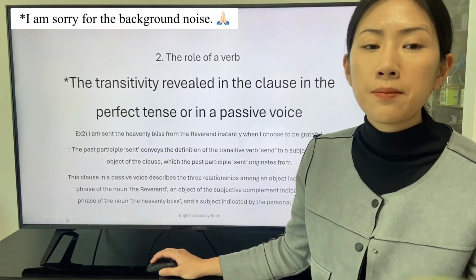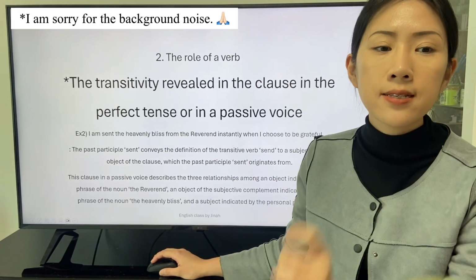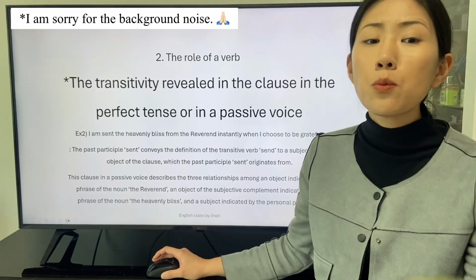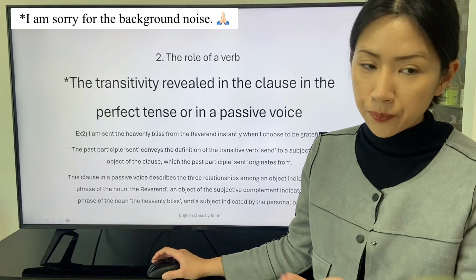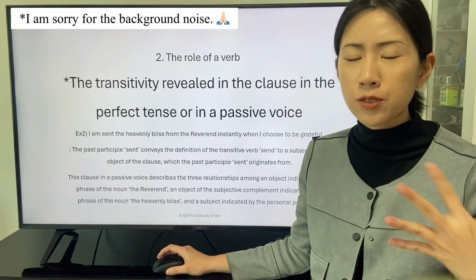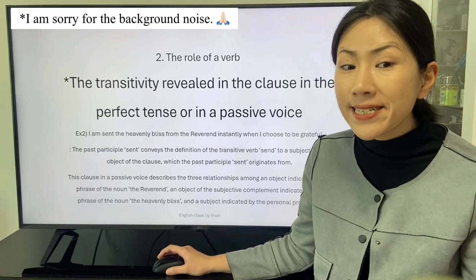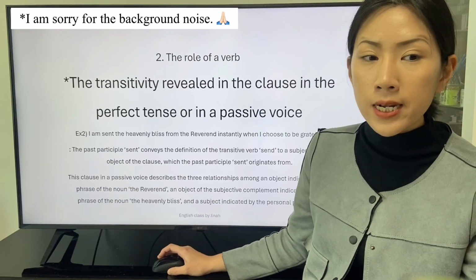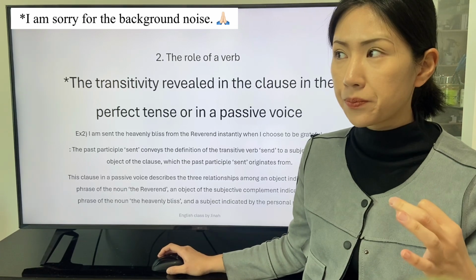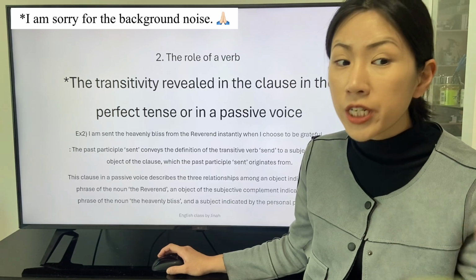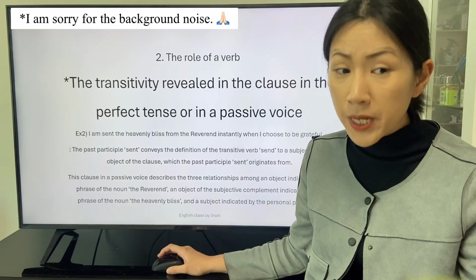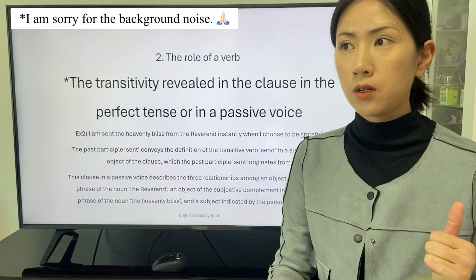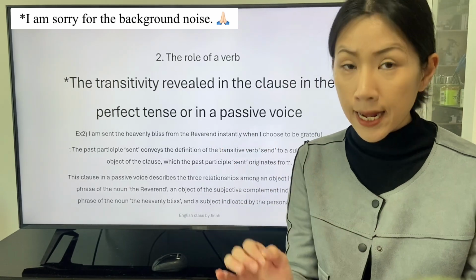The second exemplary clause is that I am sent the heavenly bliss from the Reverend instantly when I choose to be grateful. This clause is described in the passive voice because the past participle sent describes the condition of the speaker who's got the action indicated by the verb send.